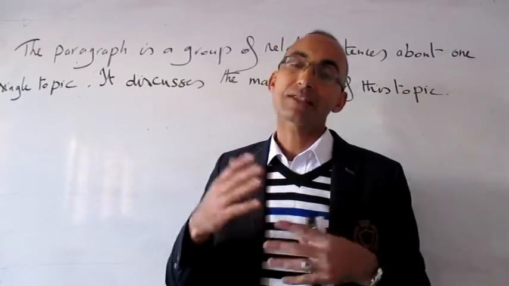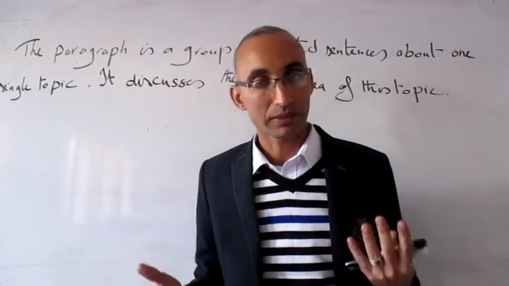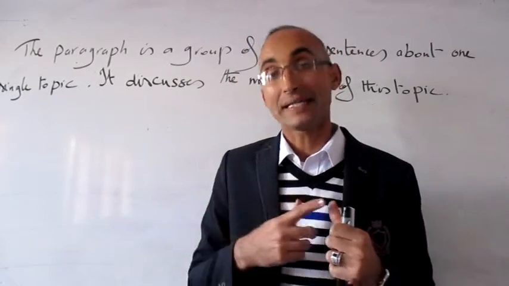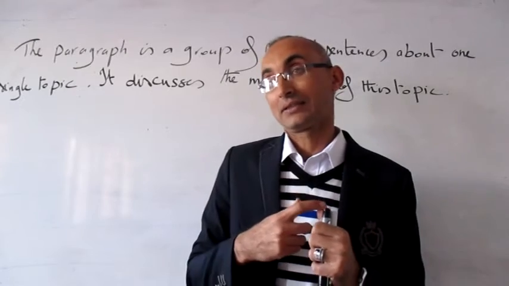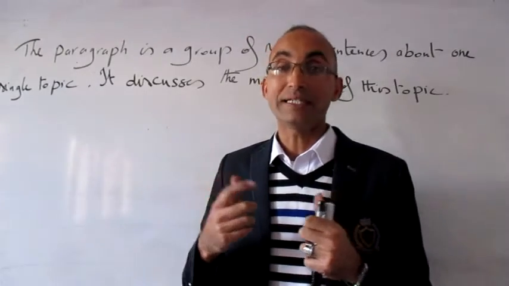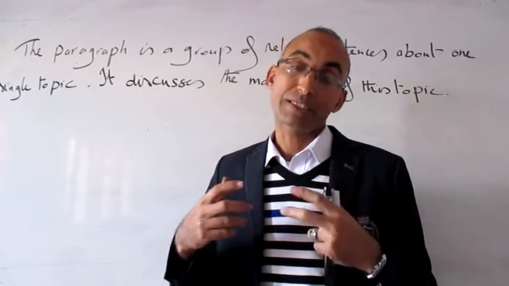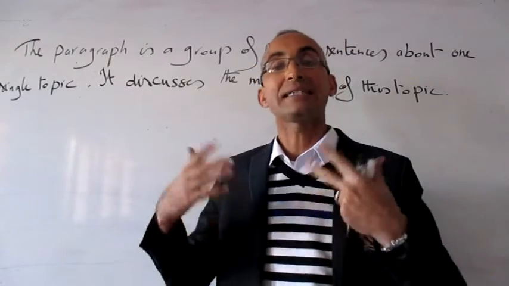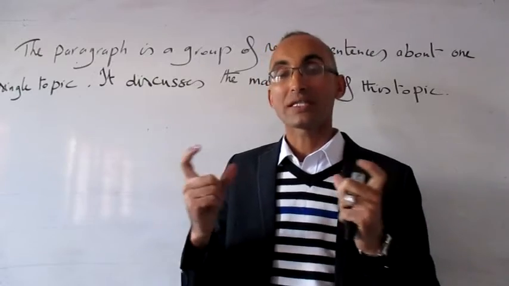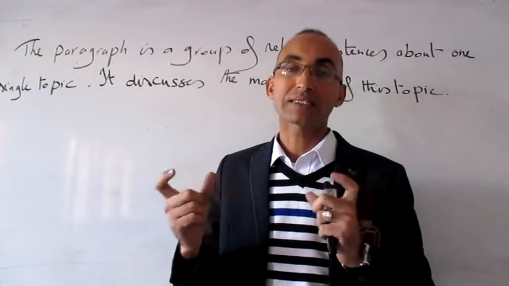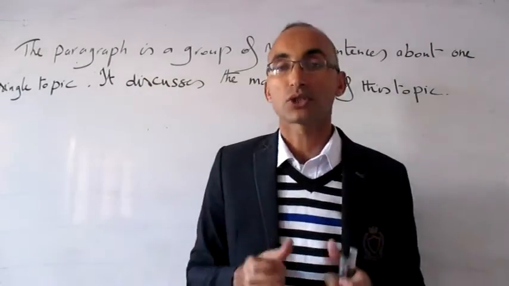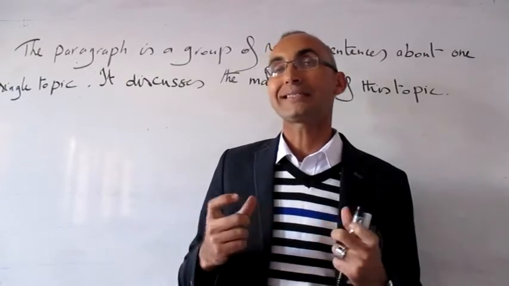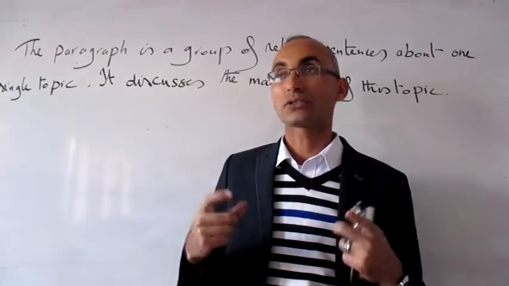Now this length, of course, depends on many factors. It depends on the topic itself. In case it is rich in ideas, here we can write more than 5 sentences. In case you don't have too many ideas, you can be satisfied with only 5 or 6 lines to cover your topic.